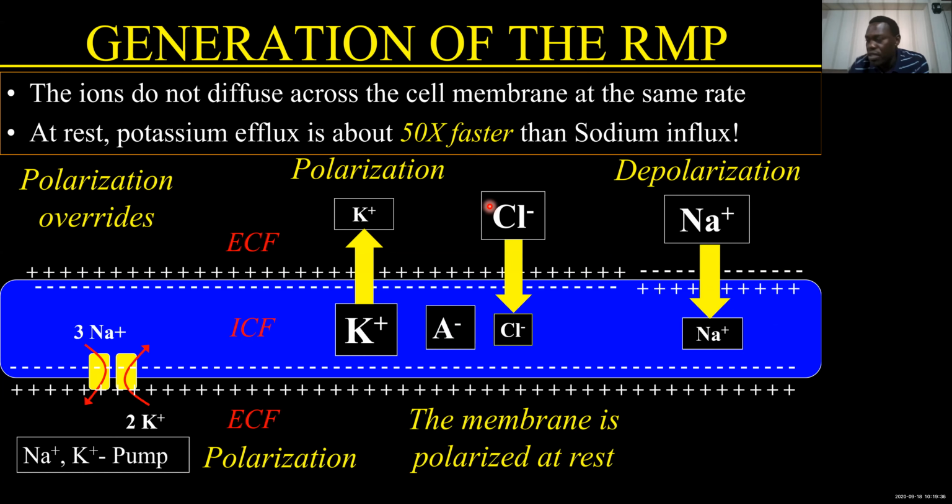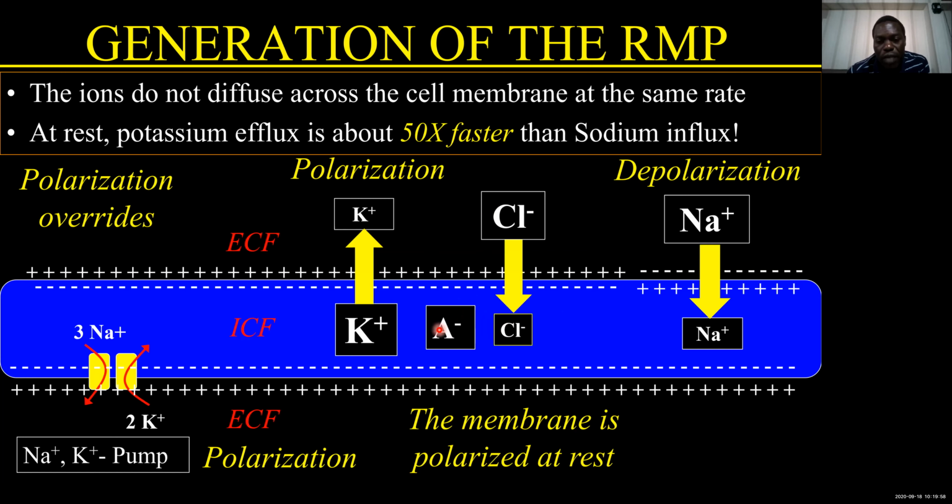One addition to add is that we mentioned that we have a lot of anions within the cell compared to out of the cell. And the anions we talked about are phosphates and proteins.